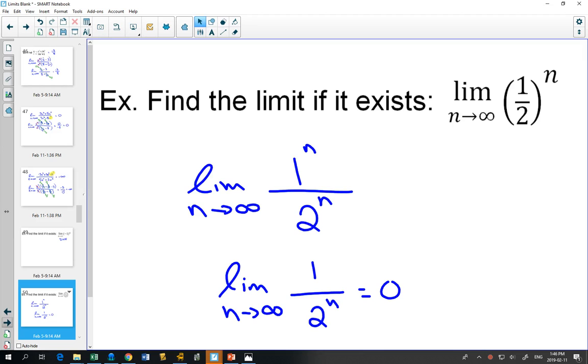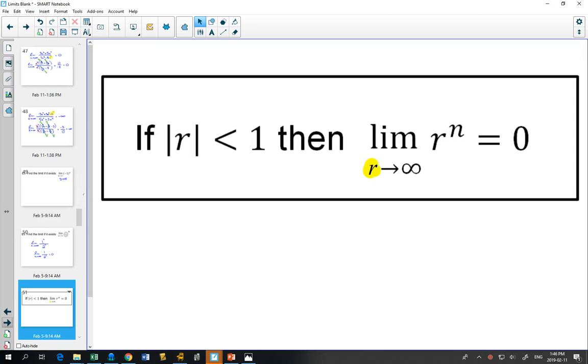And so we could say in general that if you had any fraction in here that was less than 1, you end up having a limit go to 0.